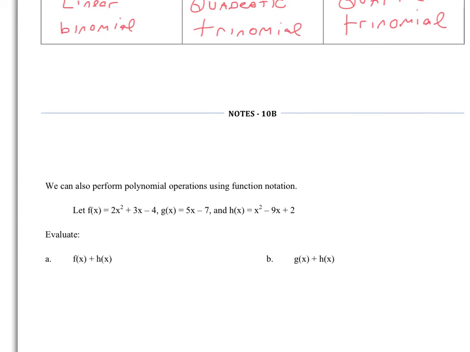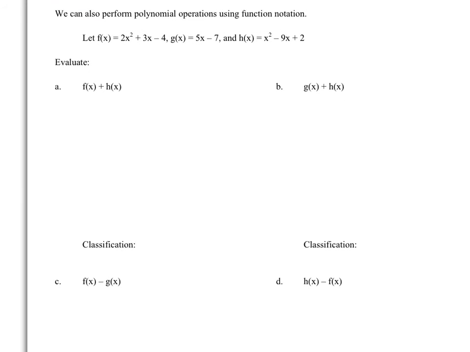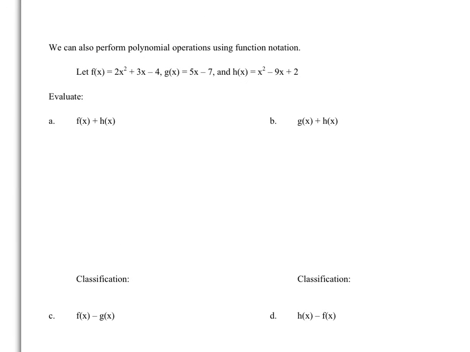We can also perform polynomial operations using function notation. So given at the top here, I have f of x being a quadratic trinomial, g of x is a linear binomial, and h of x is also a quadratic trinomial.